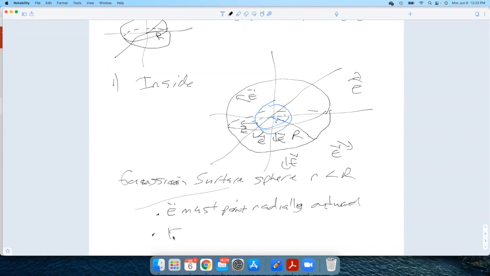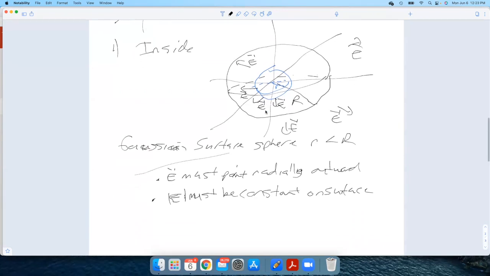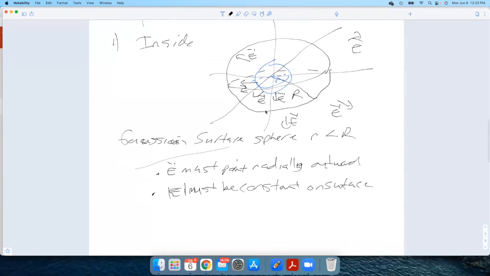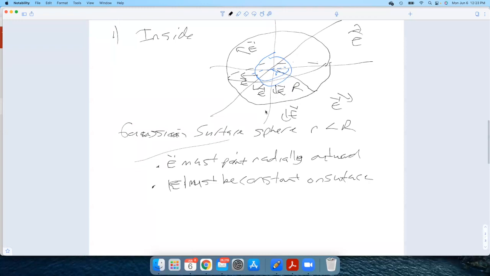Secondly, in magnitude, in strength, E must be constant on the surface, the blue surface I drew here. This one's a little harder to think about. But again, it's just using logic. We're not proving this using physics.